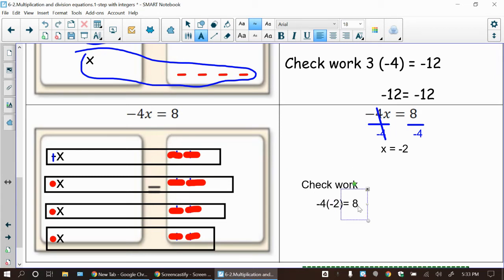So then does negative 4 times negative 2 make 8? Yes, it does. So we are good. We got everything we needed.